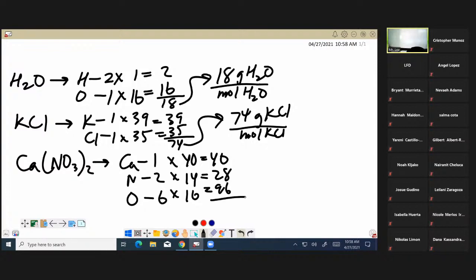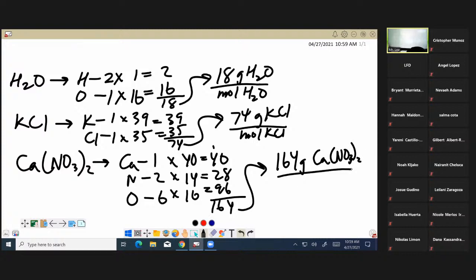So the total is 40, 28, and 96, which gives 164. So there's 164 grams of calcium nitrate for every mole of calcium nitrate. There you go. So 18, 74, and 164 is your answer for the first 3.